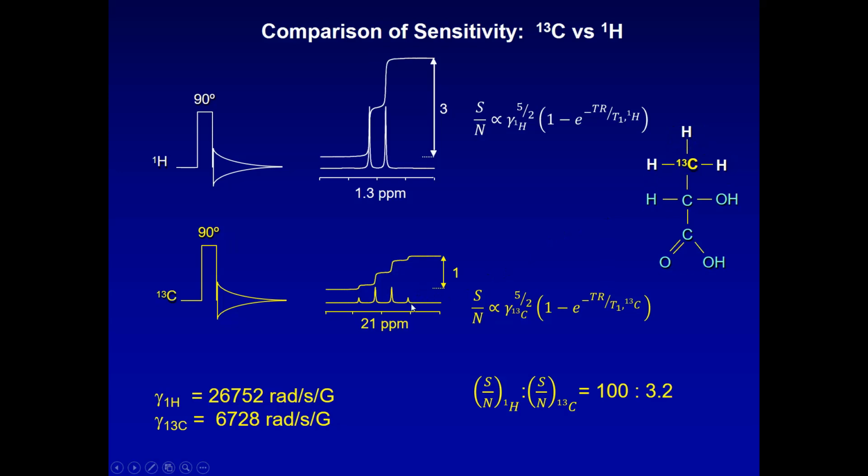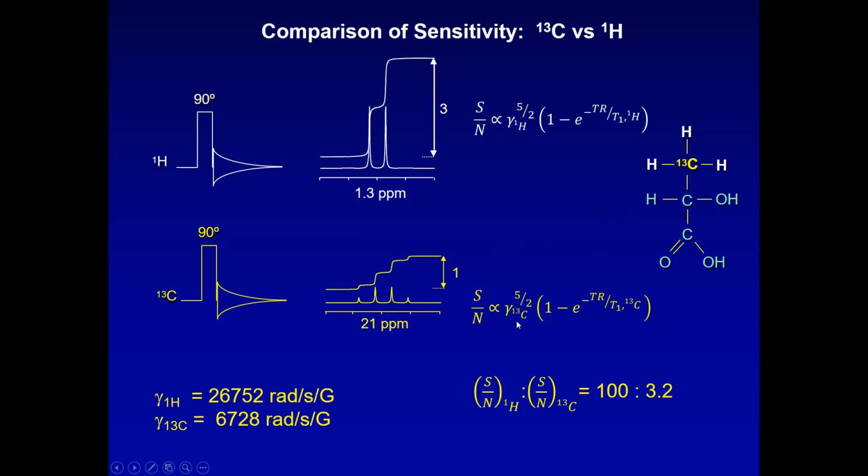And each one of those creates a slightly different environment, an interaction with carbon-13. So they're split into 4 peaks. And notice that the total area of these peaks, instead of being 3, is 1, because there's only 1 carbon-13. Here you had 3 protons, but here there's only 1 carbon-13. So they're down by a factor of 3 simply because of the number of nuclei available.